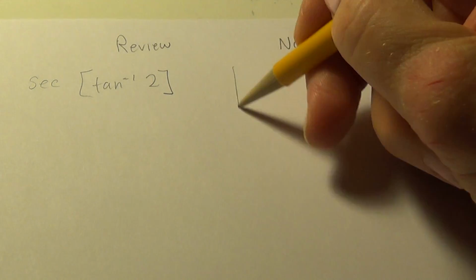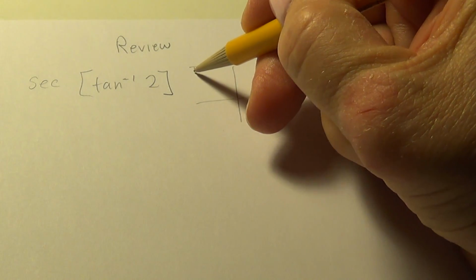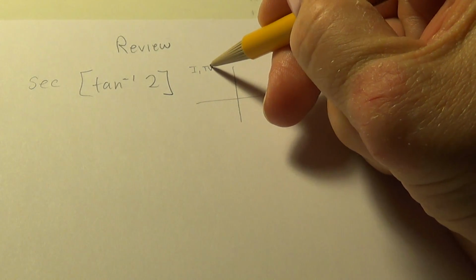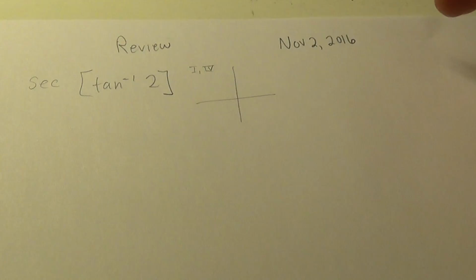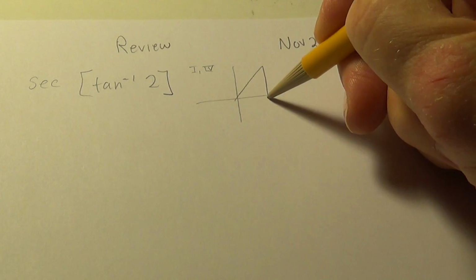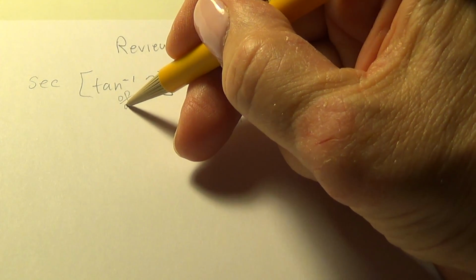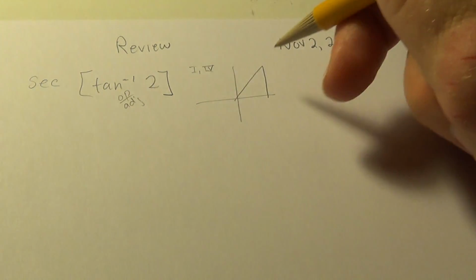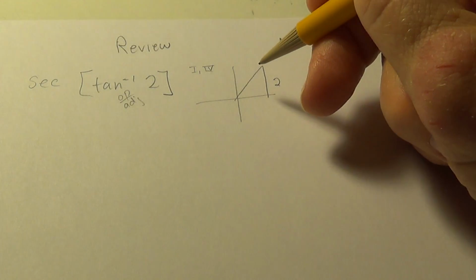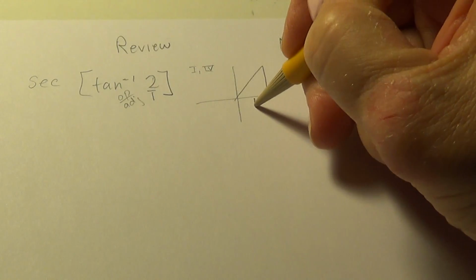So we're going to have to draw a triangle. Arctangent is in the first and the fourth quadrants only. So we're going to draw it in the first, and tangent is opposite over adjacent. So we have an opposite of 2 and an adjacent of 1, 2 over 1.